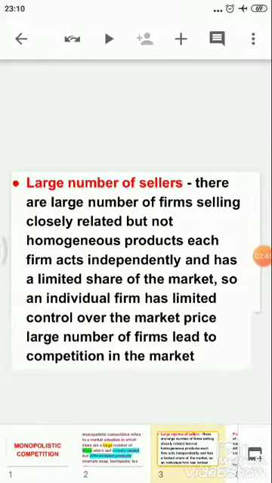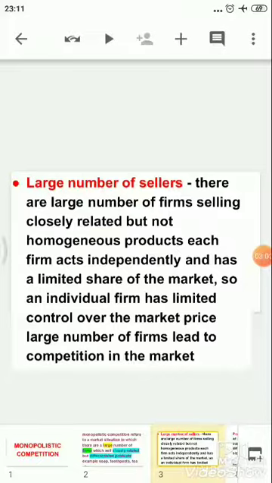So these firms have some influence over the prices of the commodities in the market as compared to perfect competition. So these firms can set the prices of the commodity.